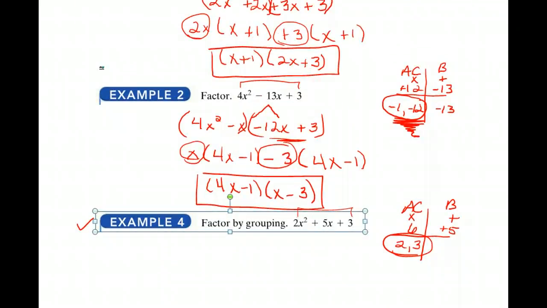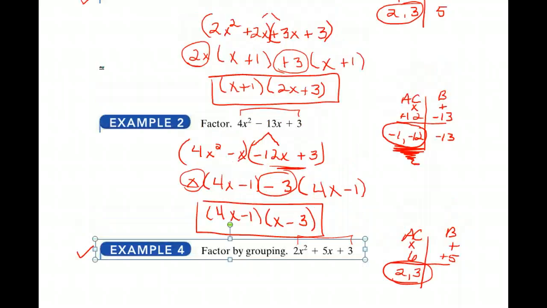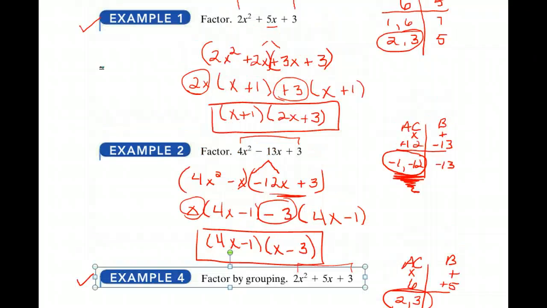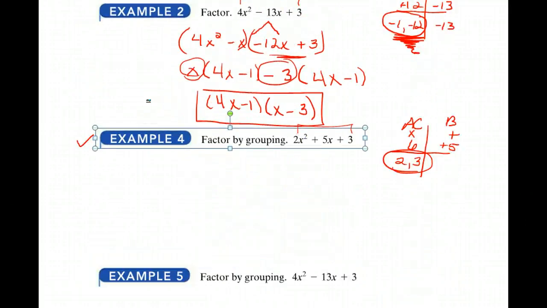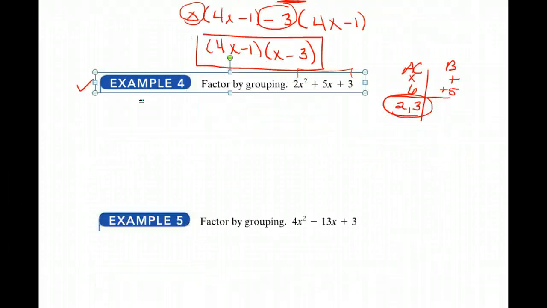I don't teach that way because it's ineffective. I go straight to using the AC method. So example 4 is exactly the same as example 1, and you should have done these exact same steps if you worked this problem out and didn't realize that it was the same.